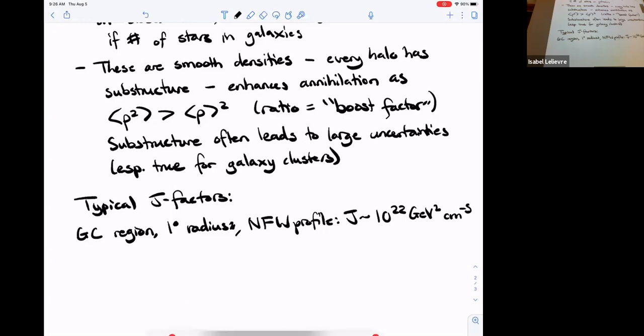Whereas the individual J factors of dwarf galaxies are more in the range of 10 to the 17 to 20 GeV squared centimeters to the minus 5.